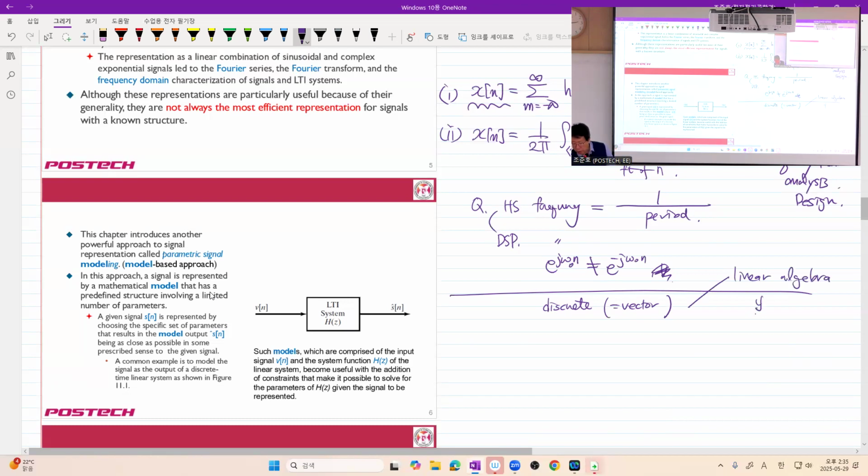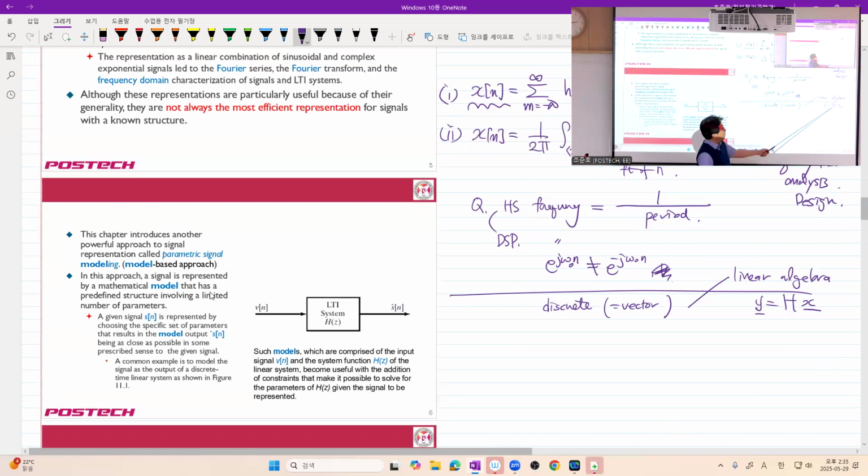Because our system would be written this way, right? Input signal is a vector, output signal is a vector. We have a linear mapping, meaning there exists an m by n matrix H that makes y equals Hx, correct? And you can find a lot of analogies between discrete time signal processing and this linear algebra.